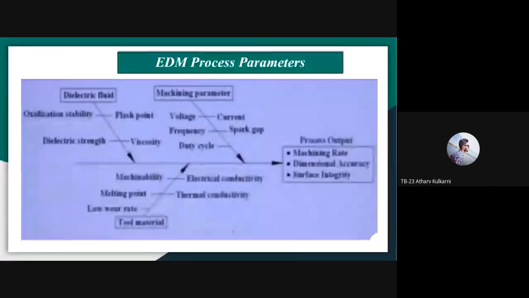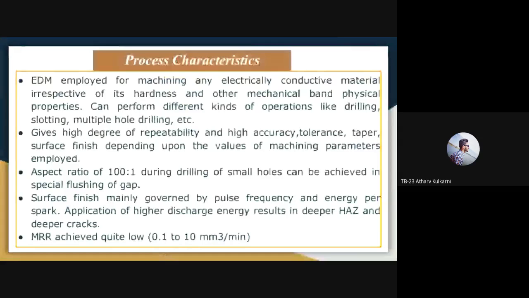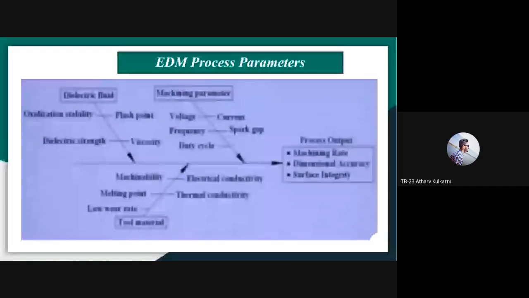Here I am not going to explain that because for every material with different properties you will get a different pattern of graph. So there is no ideal graph for this. That's why in the book also they have not mentioned a proper graph, but if you search some research papers for the effect of process parameters on material removal rate or surface finish, you will get it.